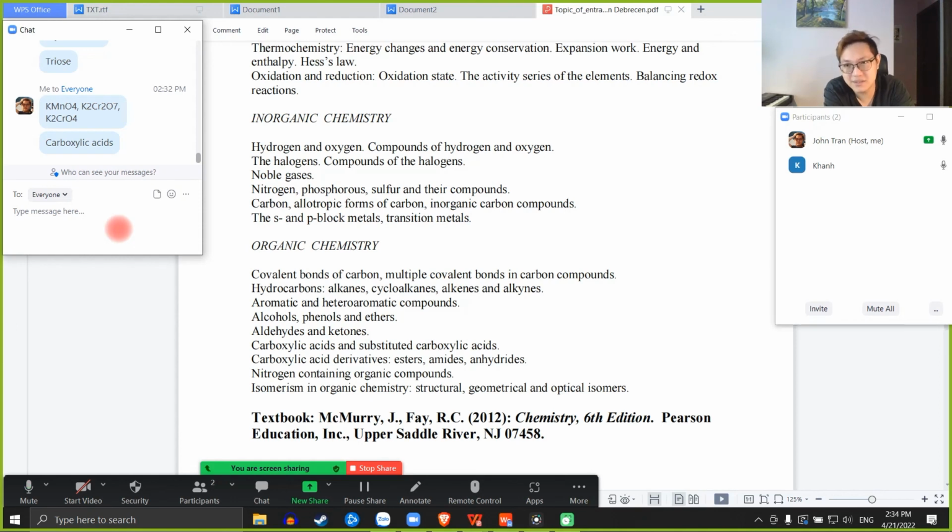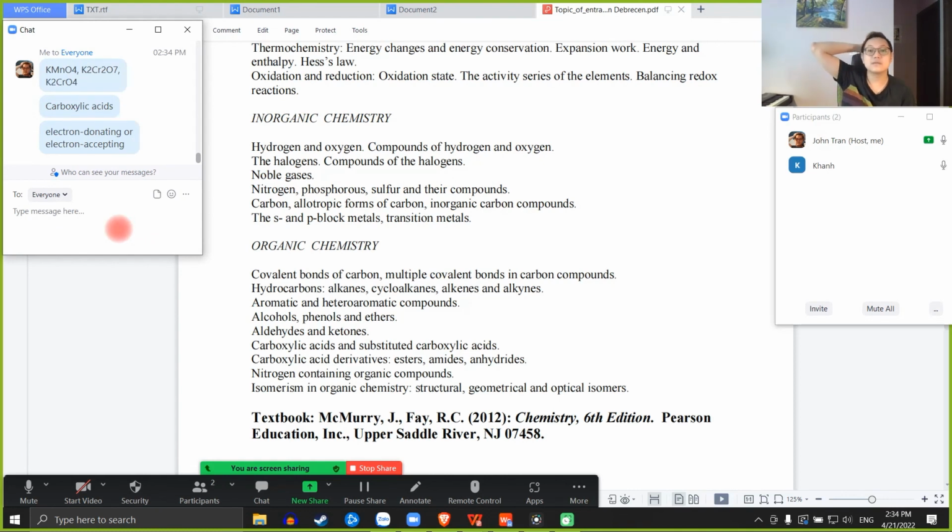It depends on whether the substituent is an electron donating or electron accepting group. Have you learned it?